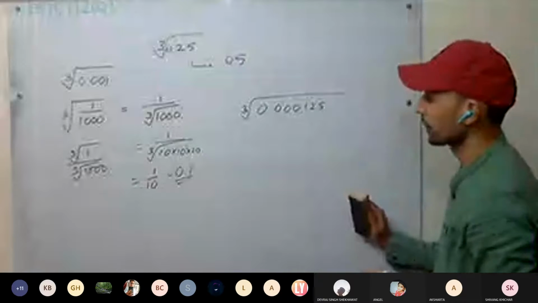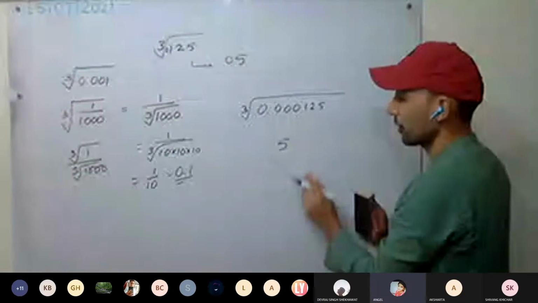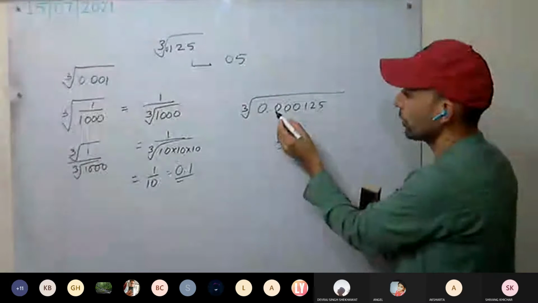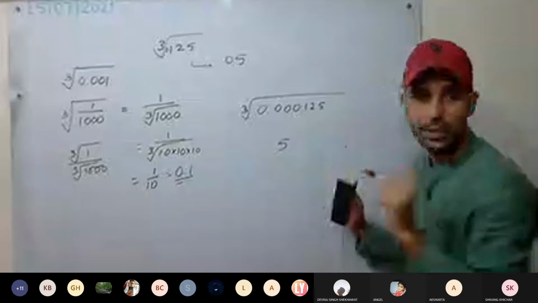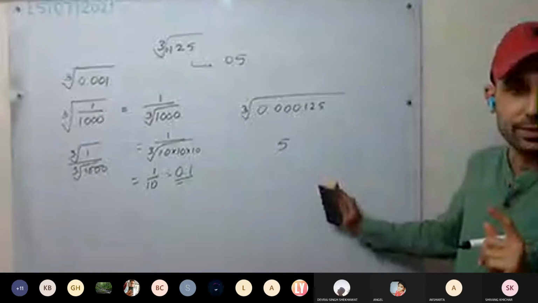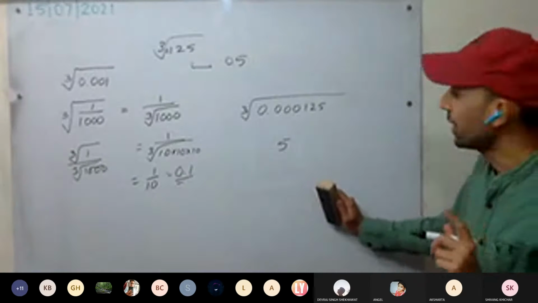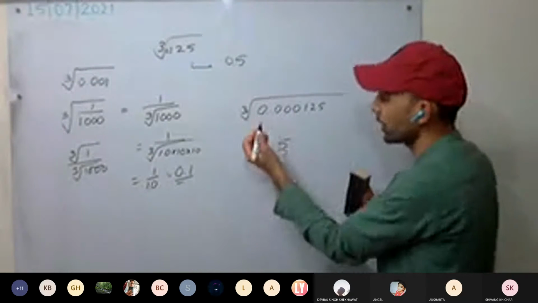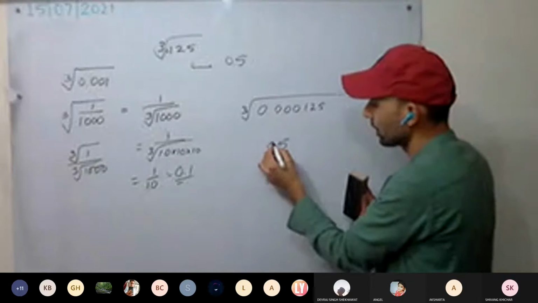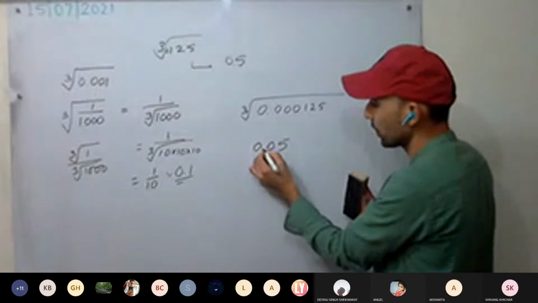It is 5, since 5 into 5 into 5. Now see here how many decimal places are there? 1, 2, 3, 4, 5, 6. 6 decimal places are there. It means only 2 decimal places we must have, as 6 divided by 3 is 2. 1 decimal place, 2 decimal places, 0.05.